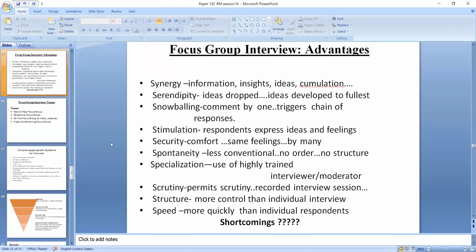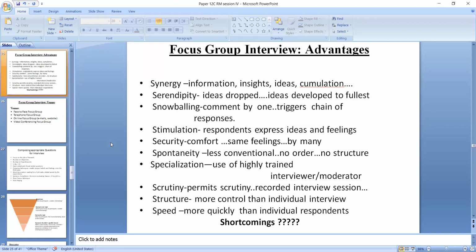So advantages. Through focus group discussion only you get synergy. Synergy is 1 + 1 equal to 11. Through a survey you get 1 + 1 equal to 2.